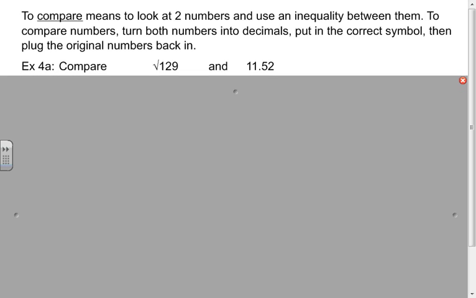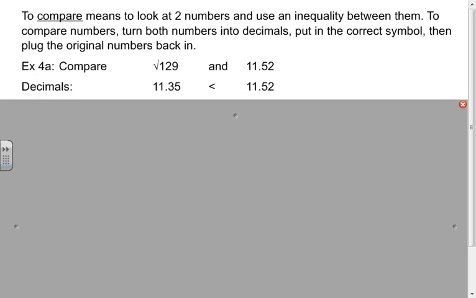If I'm going to compare the square root of 129 and 11.52, the first step again was to turn them both into decimals. If I do the square root of 129 in my calculator, I get about 11.35. 11.52 is already a decimal, so I left it alone. 11.35 is smaller than 11.52, so I put in the less than symbol.